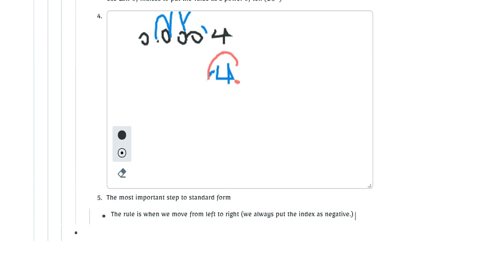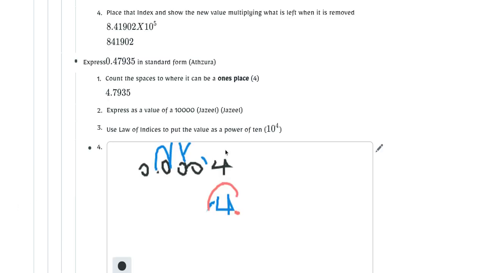So case in point, 0.004 to 4. And the other rule is that when we move from right to left, we make the index positive. And that's self-explanatory. Good. So let's continue to step 4.